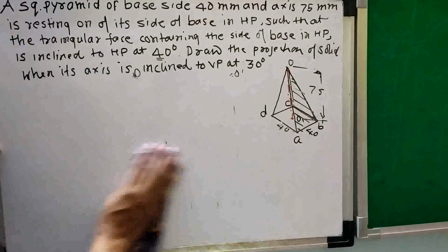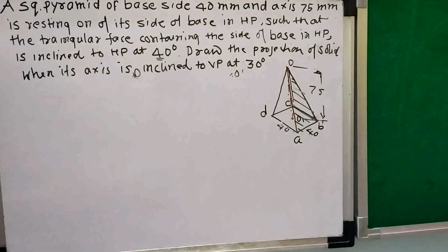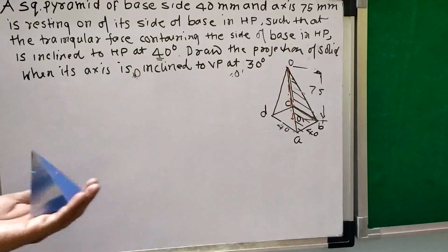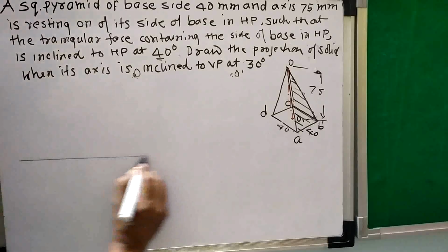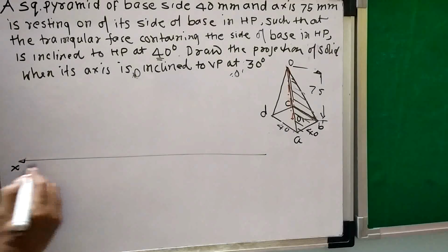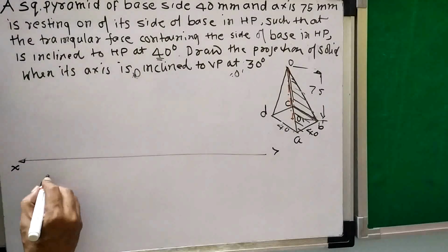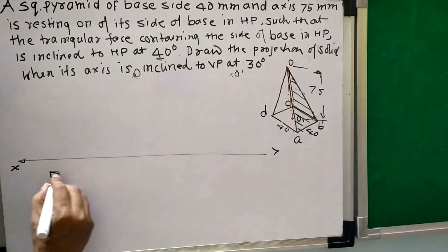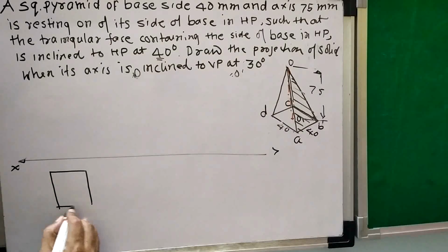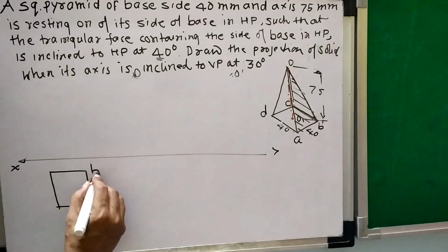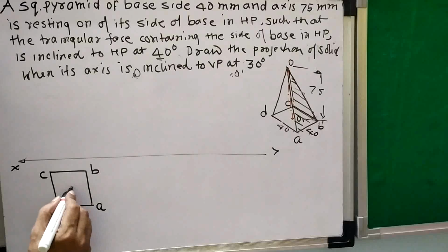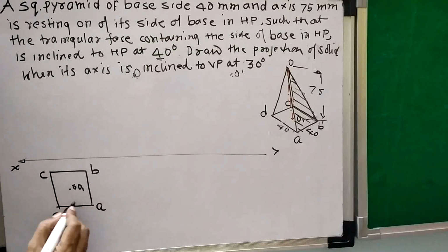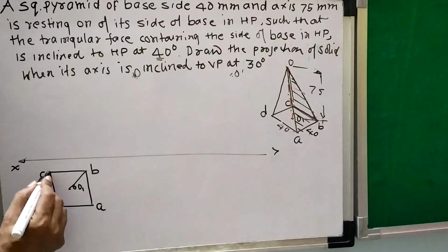So now I will keep this pyramid on the HP initially. When I keep this pyramid on the HP, what I will observe, with the XY line, I will have a square A, B, C, D. This is the center point, this is the axis OO1, and these are the four slant edges.